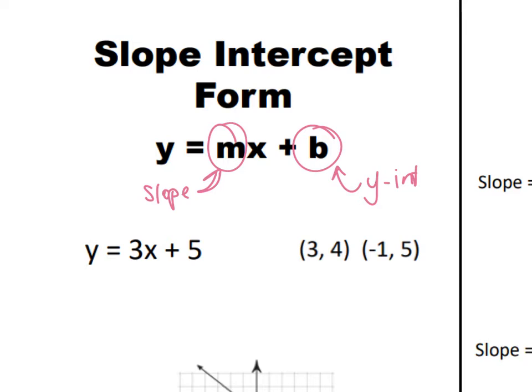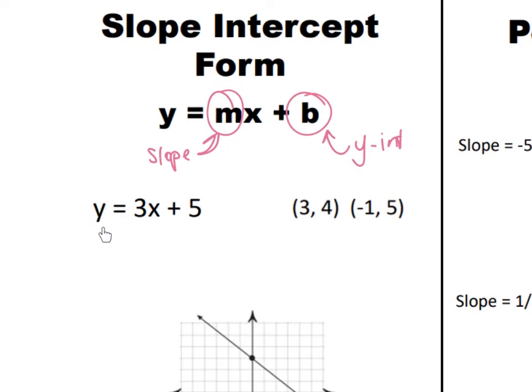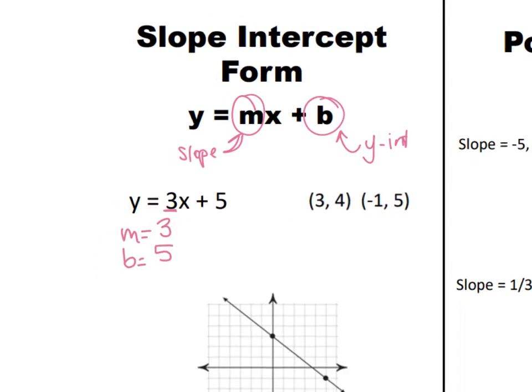So slope-intercept form. If you're given an equation like this and you're asked to identify what the slope and the intercept are, you will then just pick out what your M and B are. Okay, so M, remember, is the number in front of X, not the X. And then B is your intercept. B is 5. All right, one more little example.